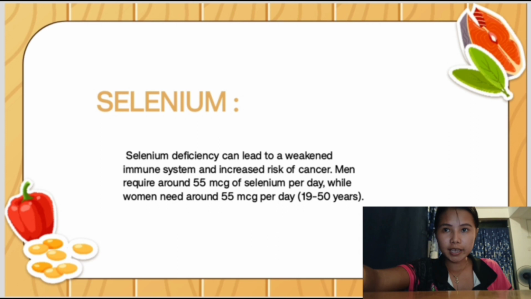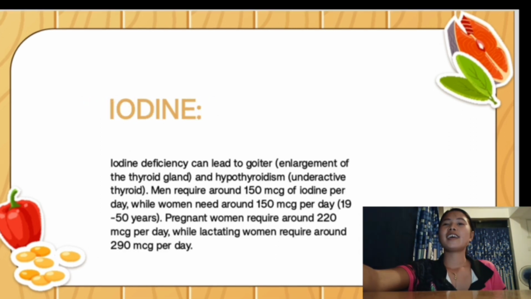The last one is iodine. Iodine deficiency can lead to goiter, enlargement of the thyroid gland, and hypothyroidism, or underactive thyroid.